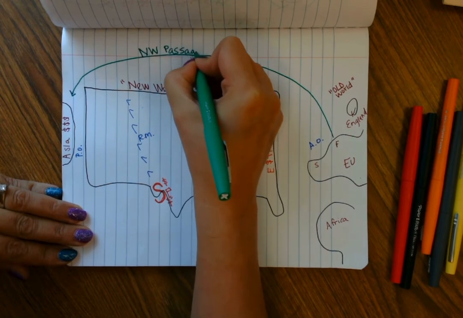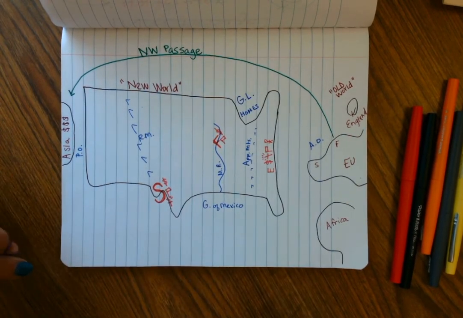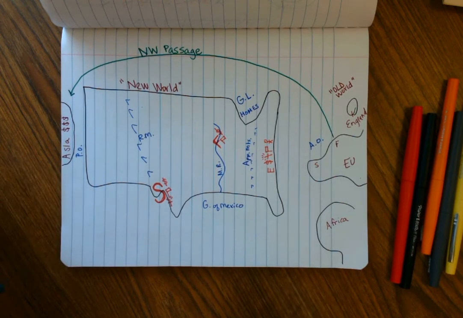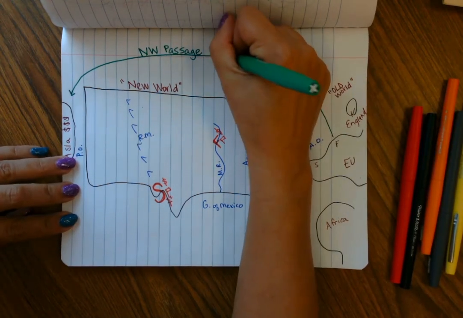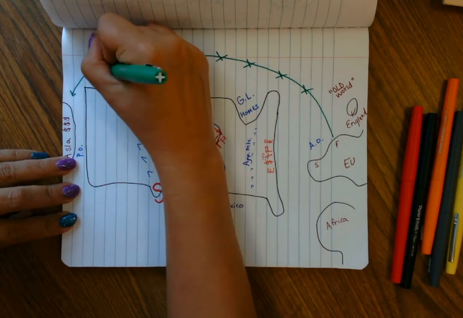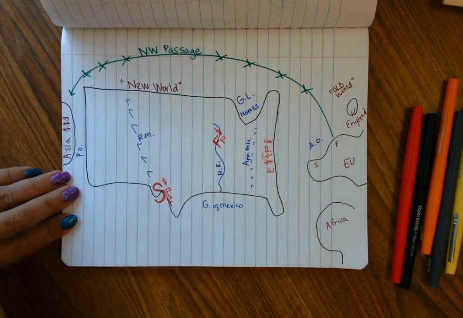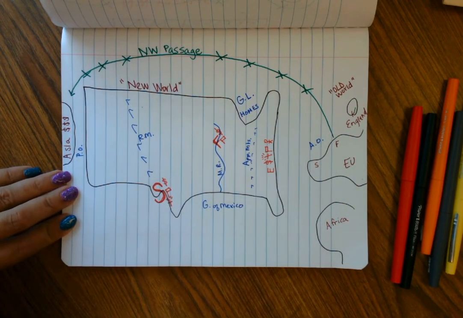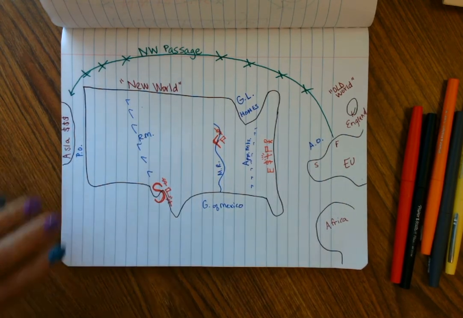And if we remember already learning about the Northwest Passage and Franklin's expedition and those bodies that they found 100 years later frozen in the ice, that there is no Northwest Passage. The ice was too thick. It was too hard to try to get from Europe all the way to Asia.